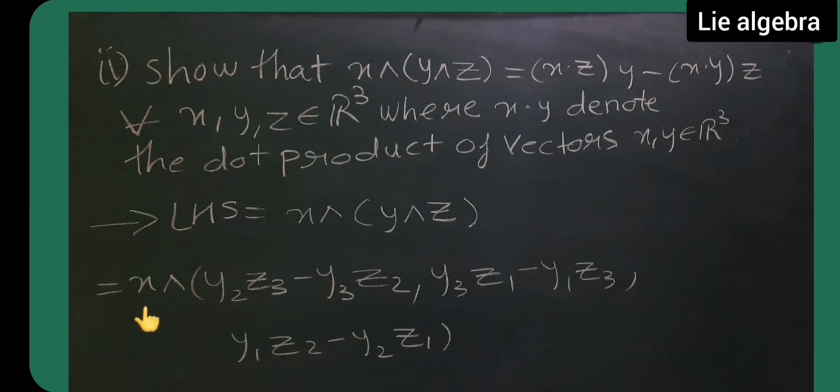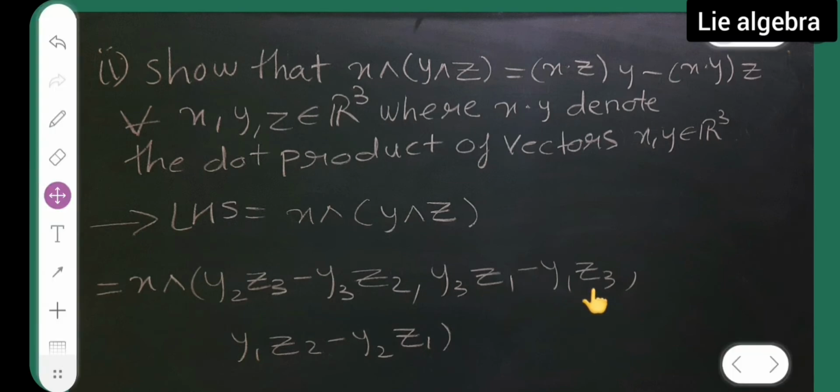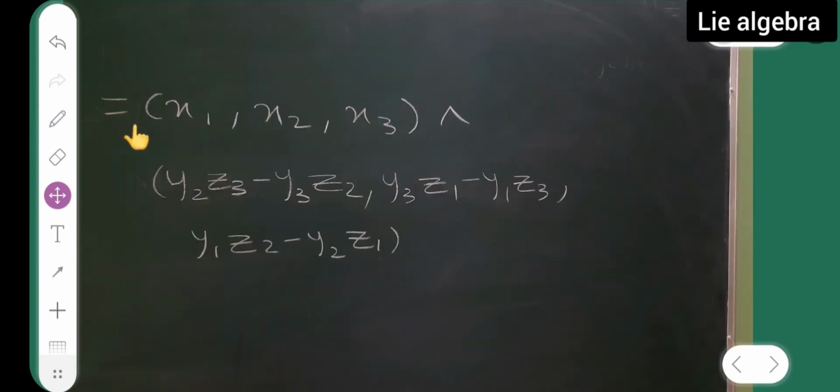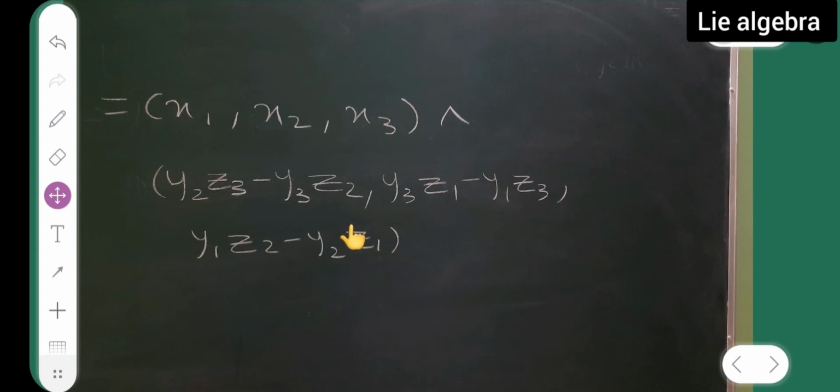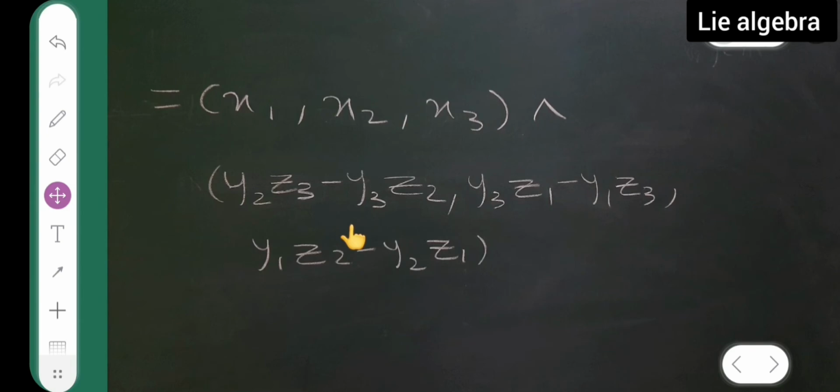And this x I can write as x1 x2 x3, right? That cap into this. I'll turn the page. So this is equal to x1 x2 x3 cap into that, this part I have written over here. I hope you all can see this clearly.